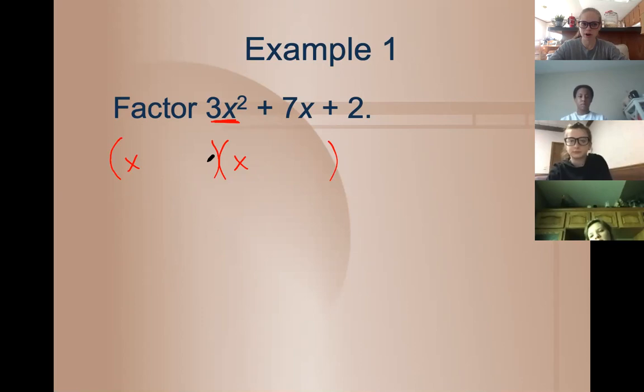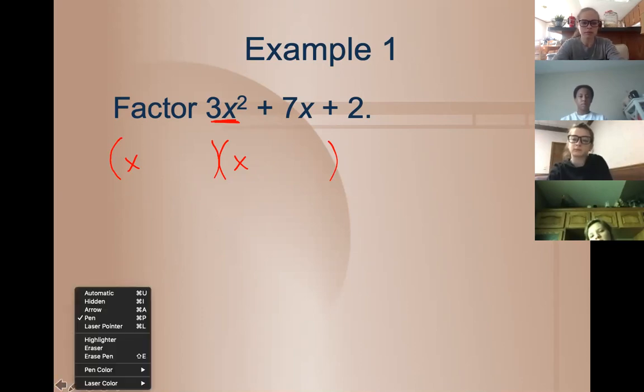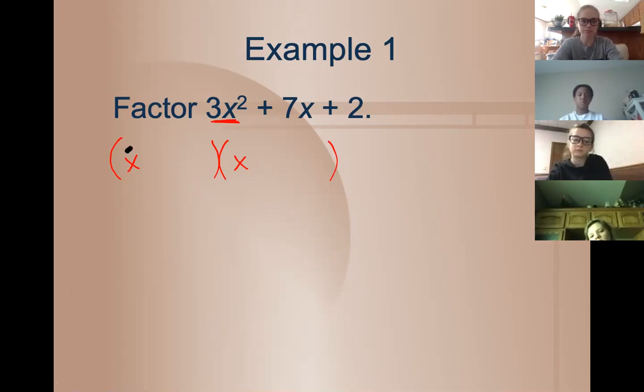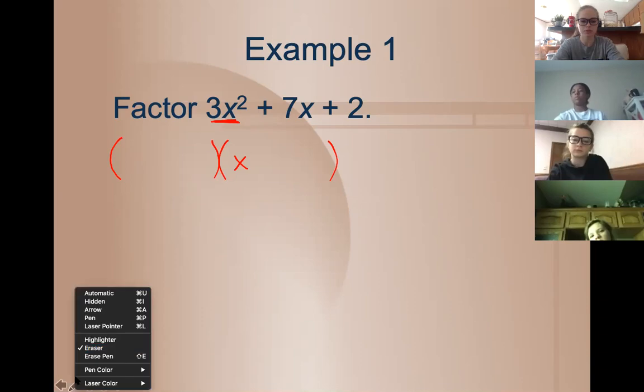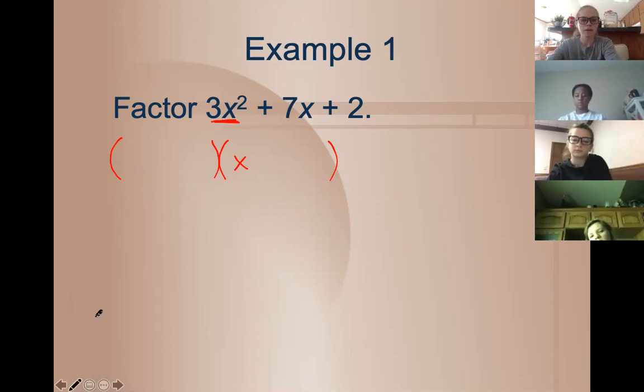So therefore, I now have to make one of these a 3x. So let's make this first one a 3x. All right. So 3x times x. Now that's my 3x squared, right? Okay. All right.